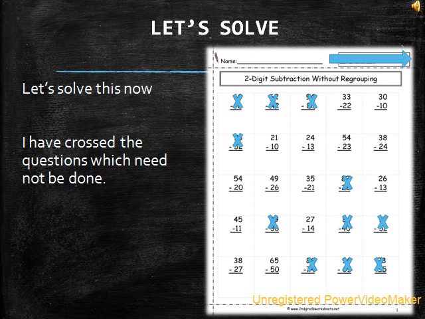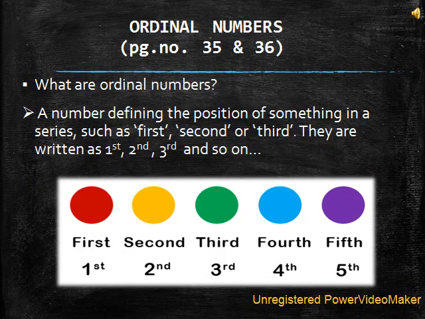Now, let's head to today's topic, which is ordinal numbers. Okay, students. So, what are ordinal numbers? I know this topic is new, so we will study it slowly. Ordinal numbers are numbers defining the position of something in a series, or position in any event or anything you count.